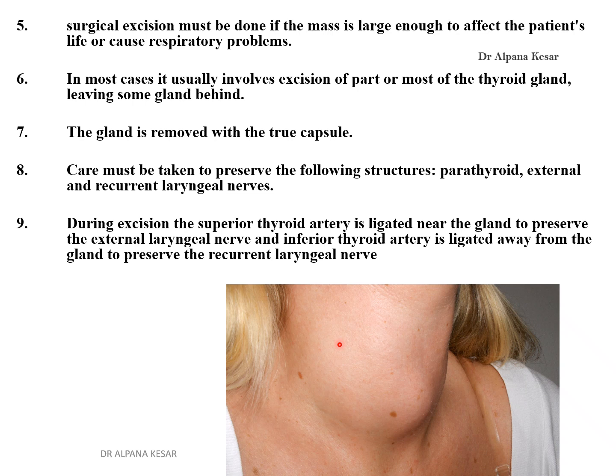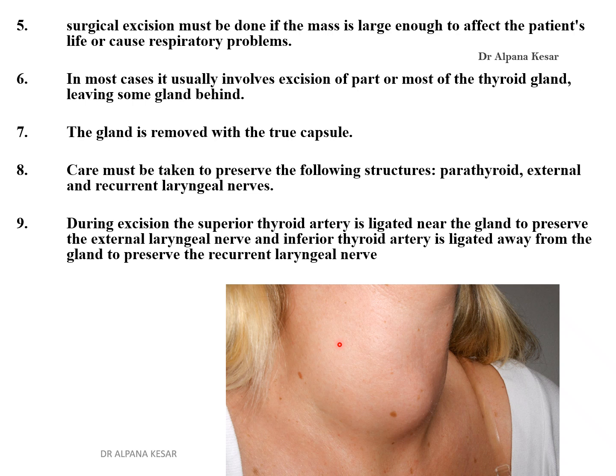Surgical excision may be done if the mass is so large that it starts affecting the patient's life or causes respiratory problems. In most cases, it usually involves excision of a part or most of the thyroid gland, leaving behind some of it. The gland is removed along with the true capsule so as to avoid excess bleeding.